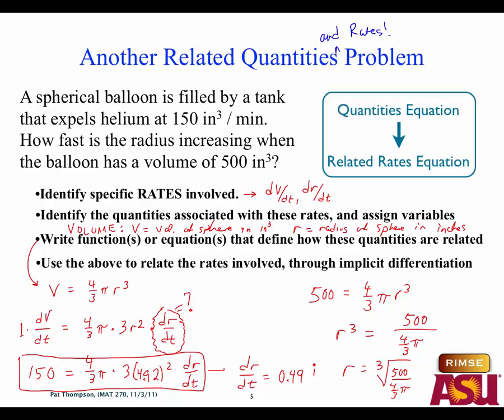So the rate of change will be in inches per minute. And what does it mean at that moment for a small change in time, small change in the number of minutes, the radius is going to increase half as much as whatever small change in minutes you had, right? About half as much, 0.49.